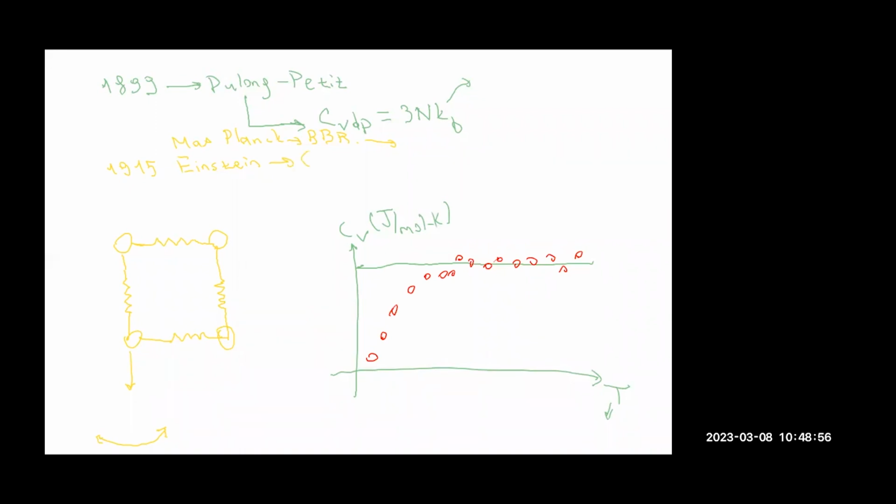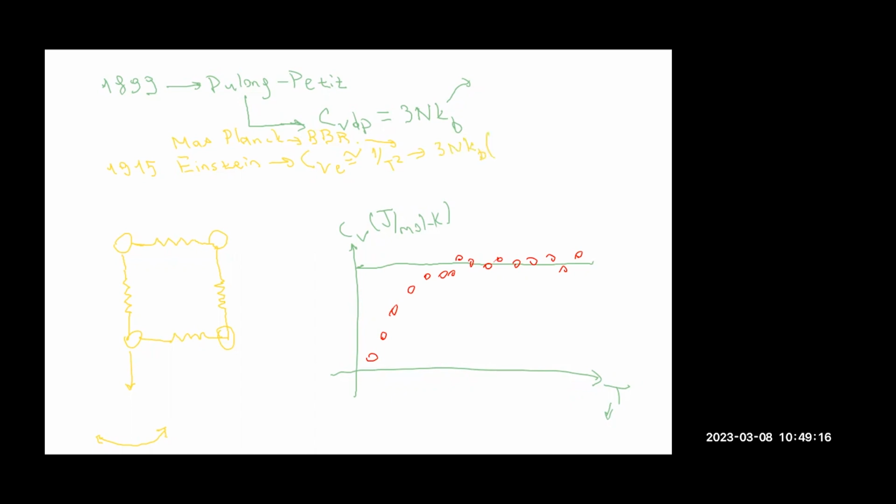He relates, let's say, Einstein is proportional with 1 over T squared. To be exact, it was like 3 and kB.